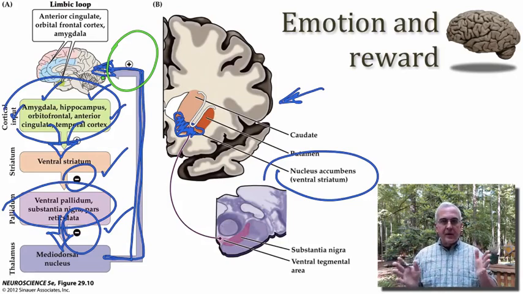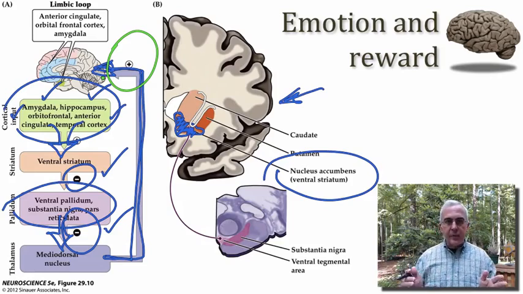So exactly what kind of behavior we have in mind is going to depend upon what is actually being integrated in this cortical network at the time, but we can imagine that it has something to do with affect, with emotion, with mood, perhaps even the kind of shift in affect that we would associate with the presence or the prediction of a reward.